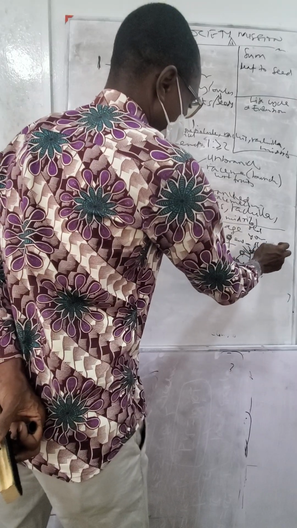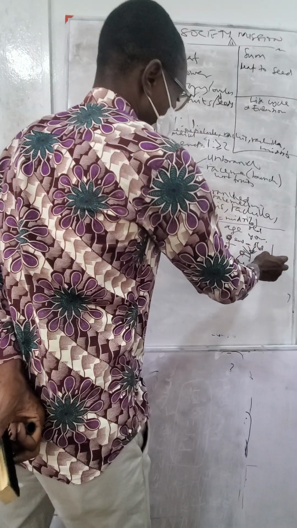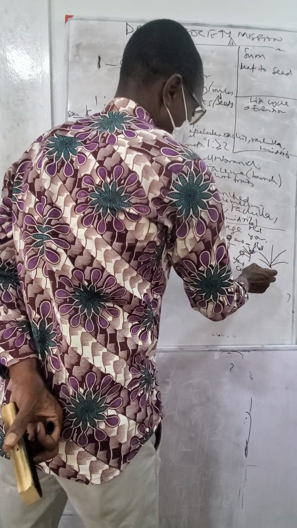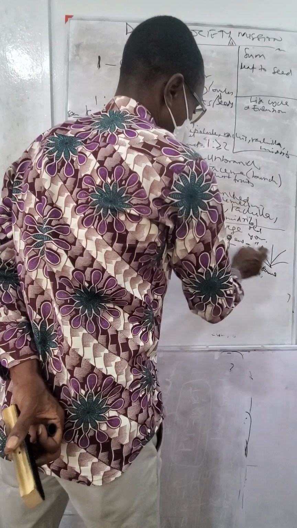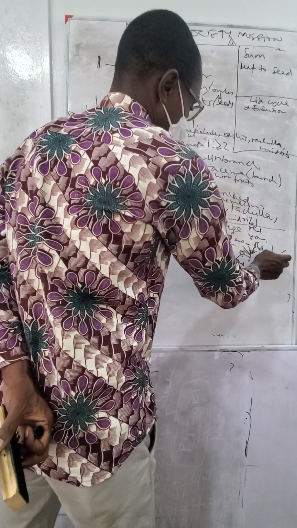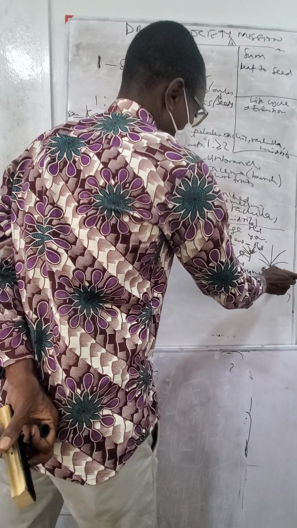You can have one where they are all tilted to one side. That one they are all of the same age, same age like that. This is the umbel.